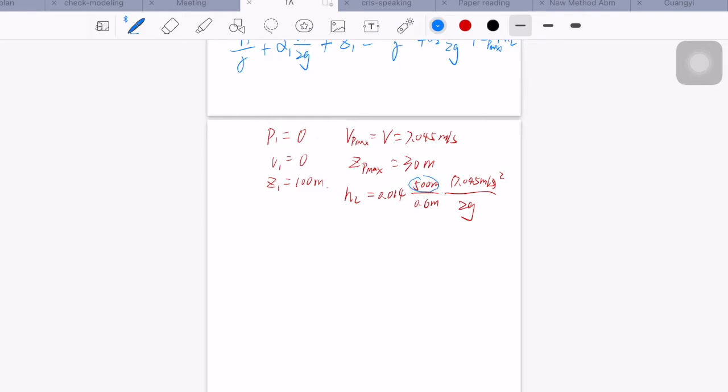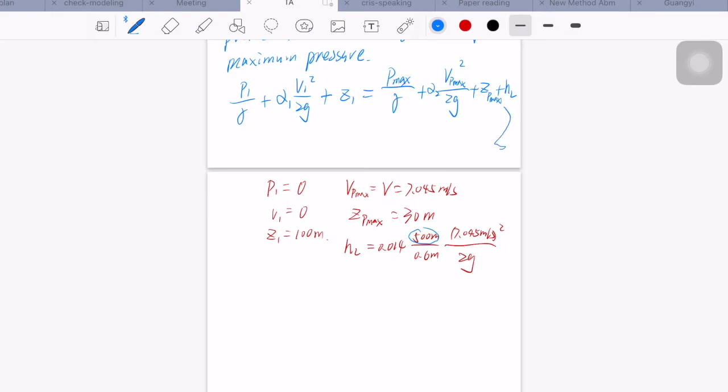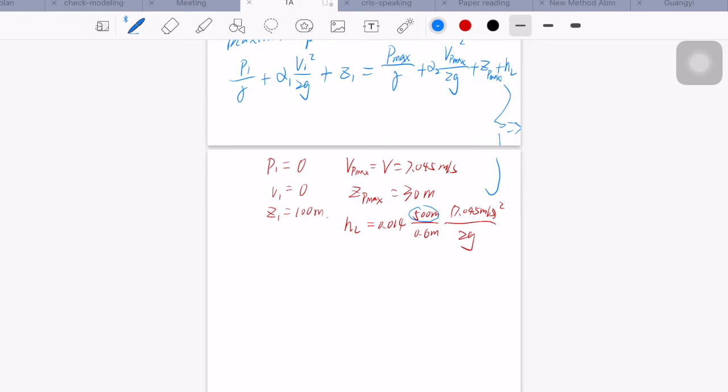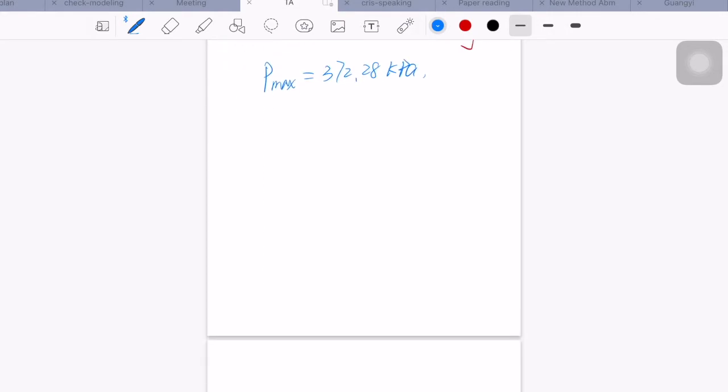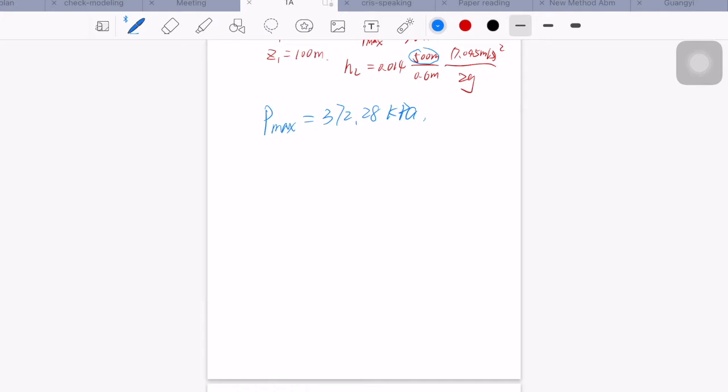And then we can get that P maximum pressure should be equal to 372.28 kilopascal.